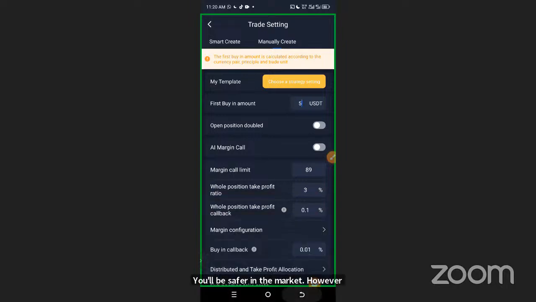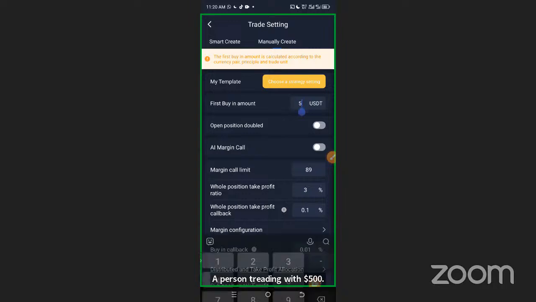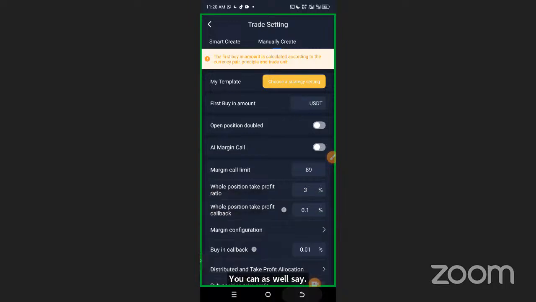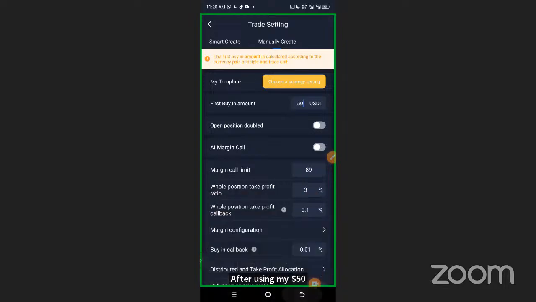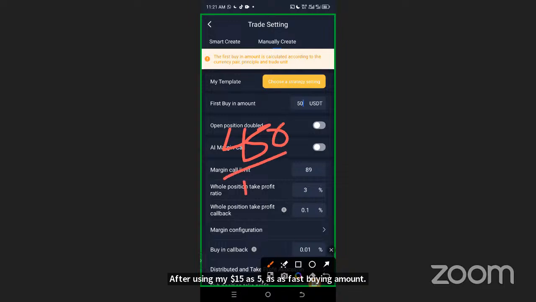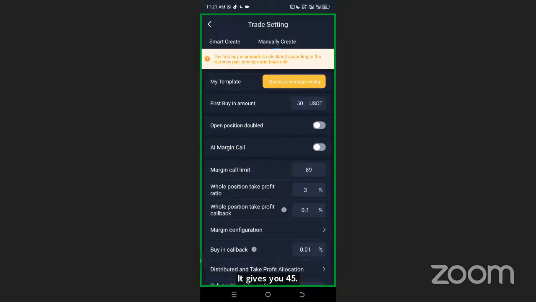However, a person trading with $500 can say, instead of using 5: after using my $50 as first buying amount, I remain with 450. Divide this by 10. 450 divided by 10 gives you 45.